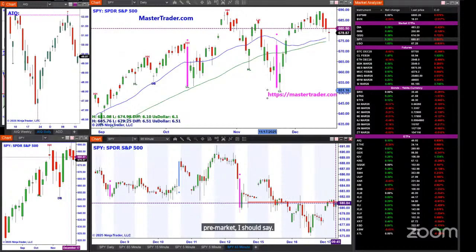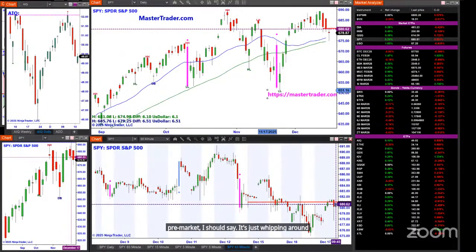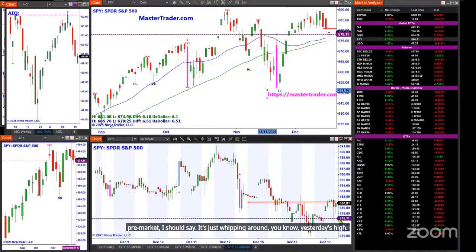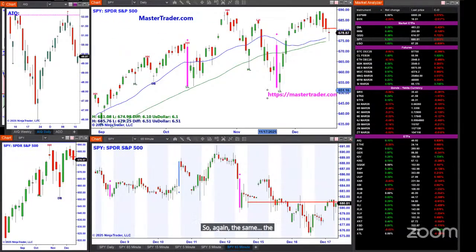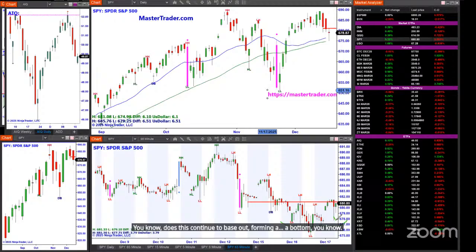It's just whipping around yesterday's high. So again, the same analysis. What we're looking for today is to see, does this continue to base out, forming a bottom, some kind of a retest, and then we'll see. So start to move up.